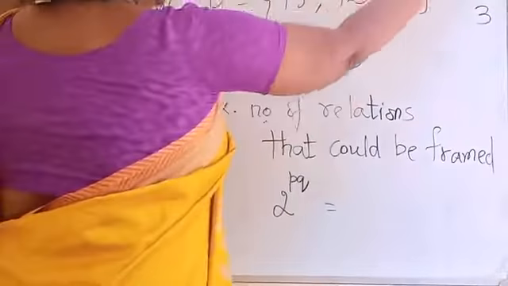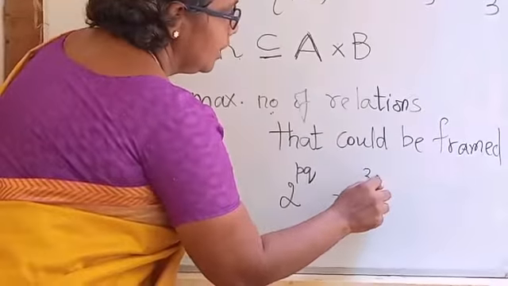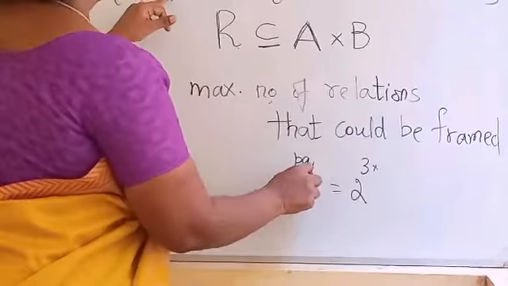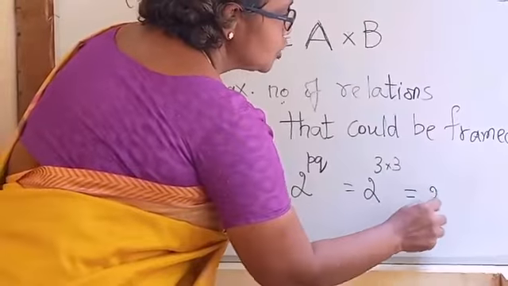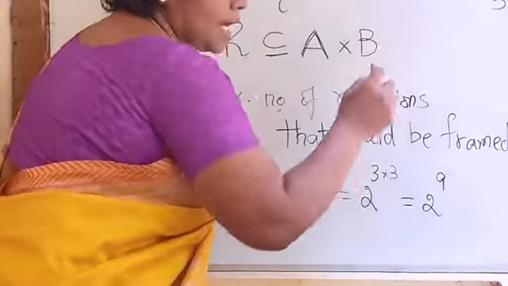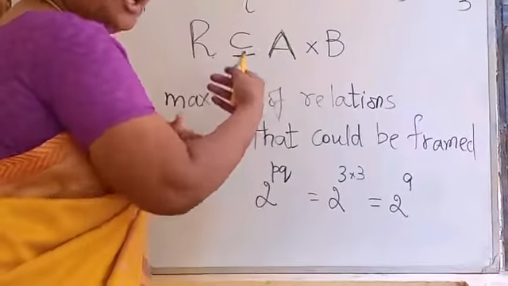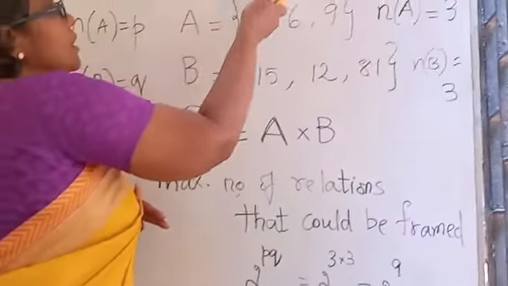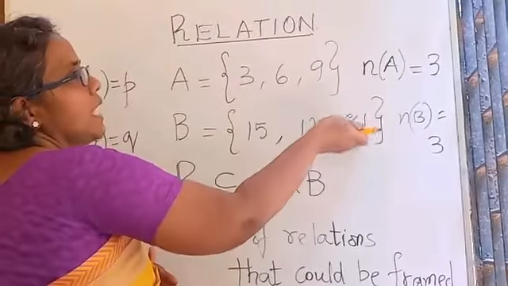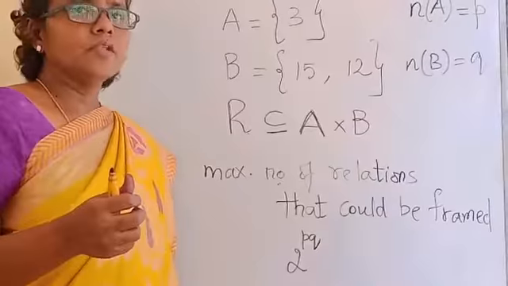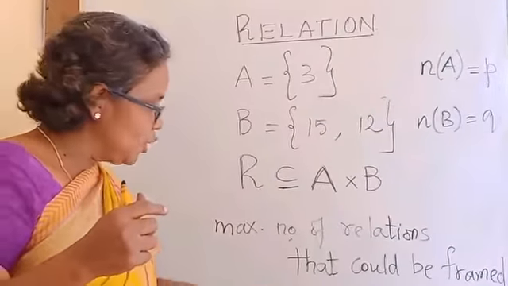P is nothing but 3. Therefore 2 to the power of 3 into Q. What is Q? Q is once again 3. So what will be the answer? 2 to the power of 9. You calculate what is 2 to the power of 9. That number of relations you can frame with set A and set B, which has got 3 elements and 3 elements. Okay, let me show a simple example here, and through this you'll be able to understand what I taught you prior.